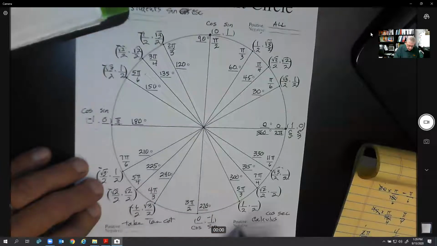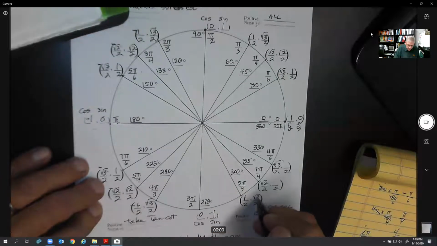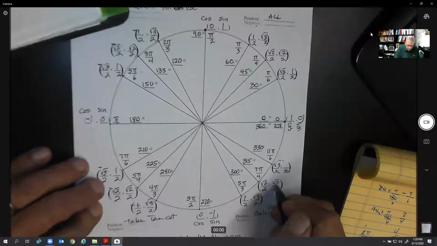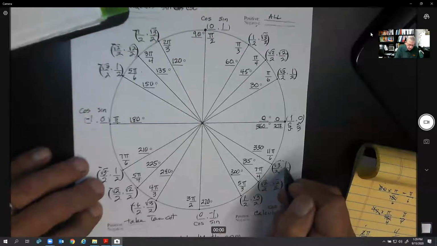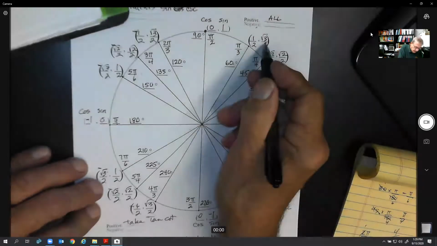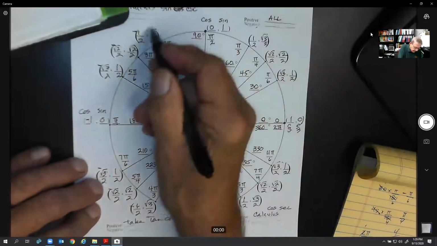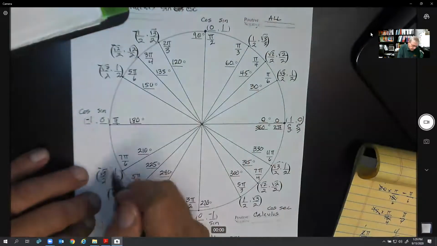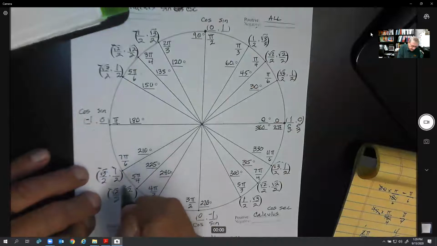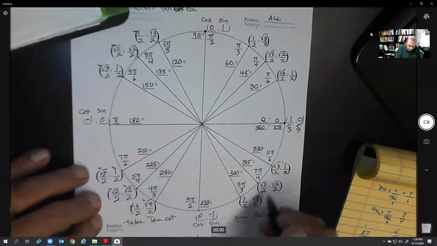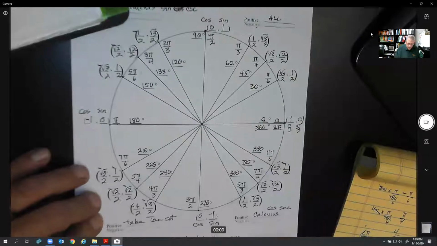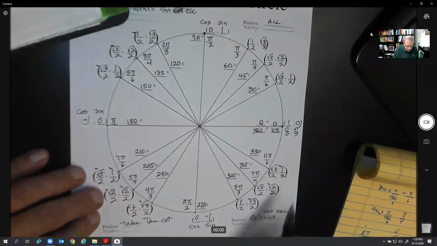Going around, square root of 3, square root of 2, square root of 1. In the first quadrant, the sign is positive. In the second quadrant, it's positive. But in the third quadrant, it's negative. And in the fourth quadrant, it's negative. So this is your sign.